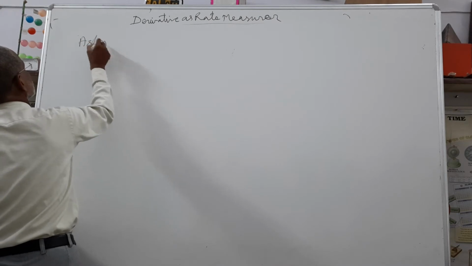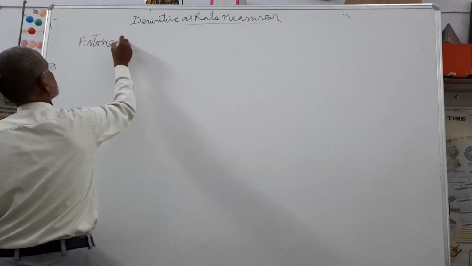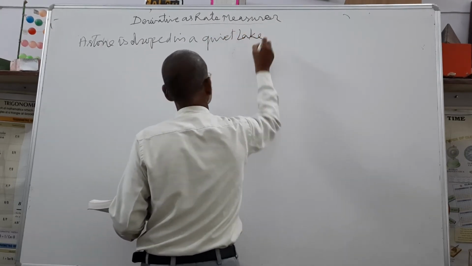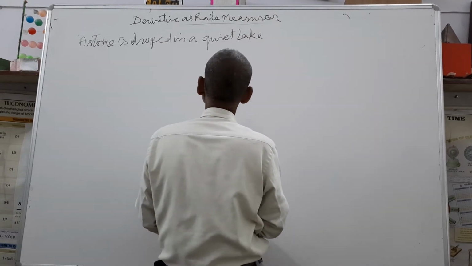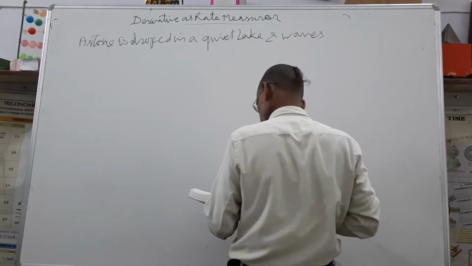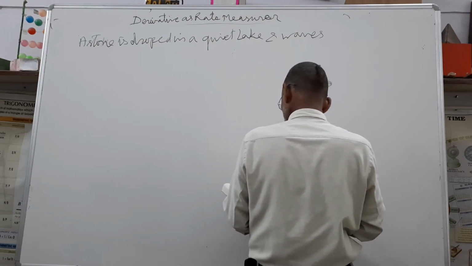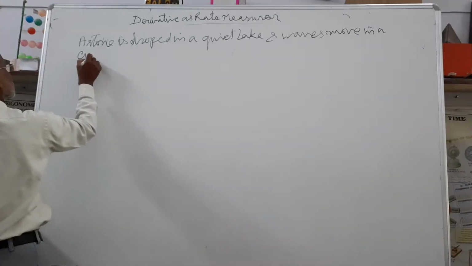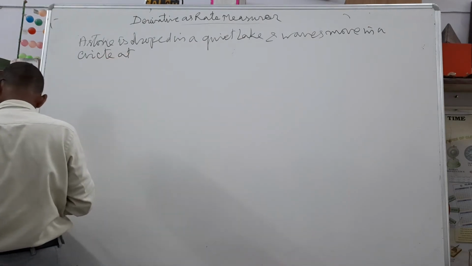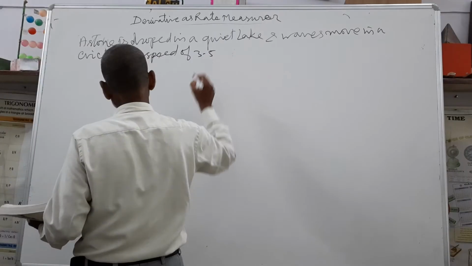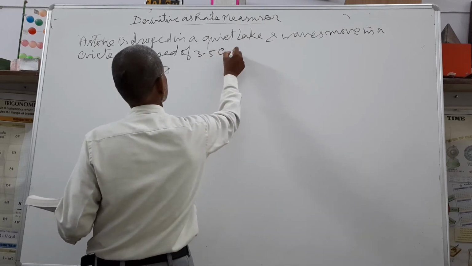A stone is dropped in a quiet lake and water waves move in a circle at a speed of 3.5 centimeter per second.